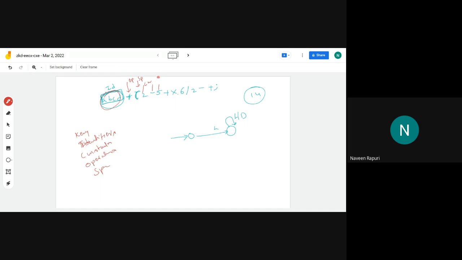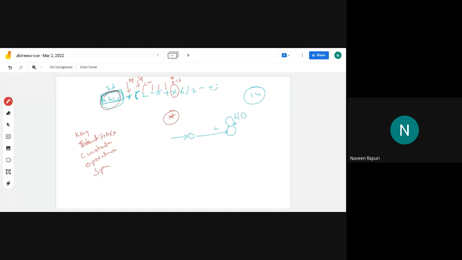Is it an XOR operator or a multiplication operator? In any programming language, the multiplication operator is the asterisk or star. So this is not an operator, this is an identifier.